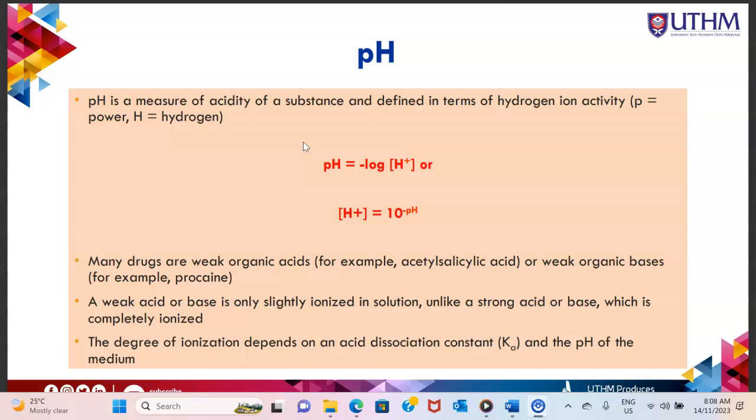And when you have this information, it will give us guidance on how to administer the drug, i.e., the suitable route of administration of your drug.